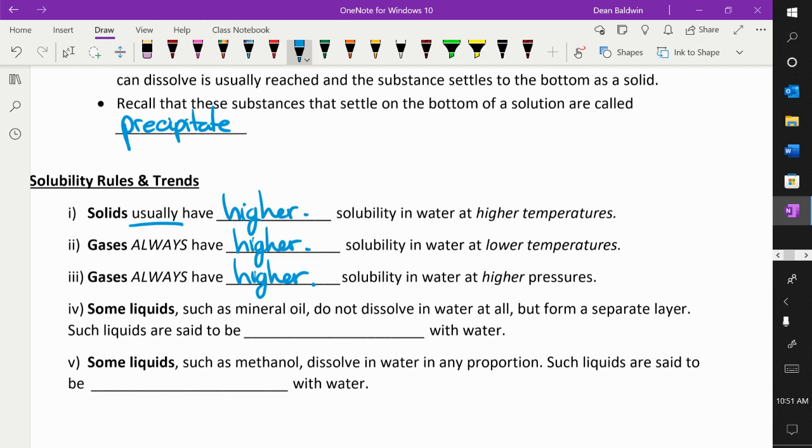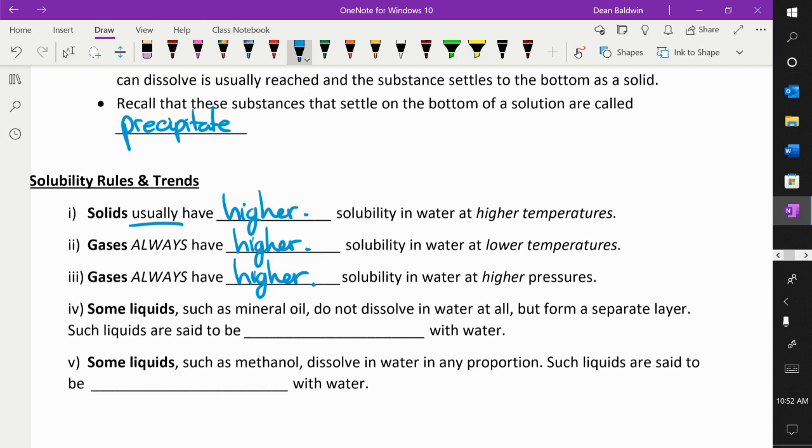The can of pop is under pressure. As soon as you open it, you release that pressure, so some of the gas comes out. And if you've shaken it, it has a whole bunch of energy in there. It's fine as long as the pressure is on it, but as soon as you open it and release that pressure, it bubbles over because all of the gases have expanded instantly, and that's the foaming over of the pop.